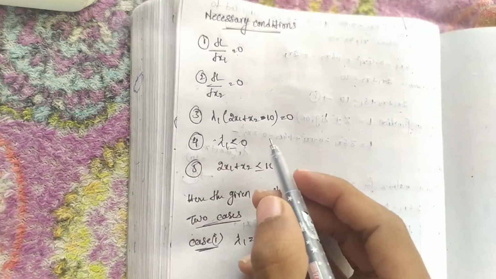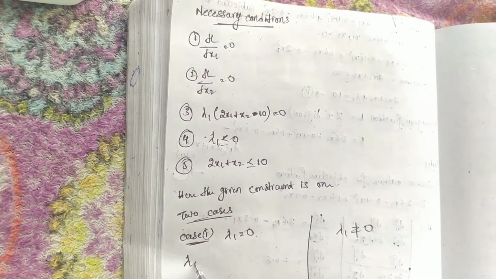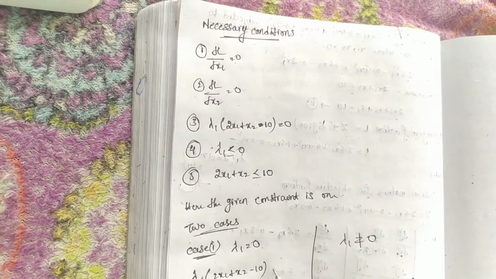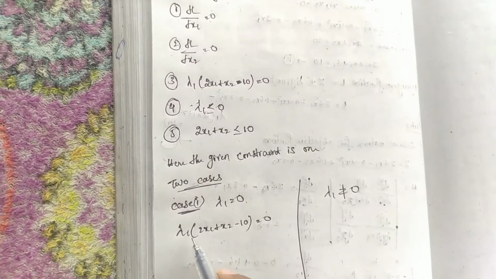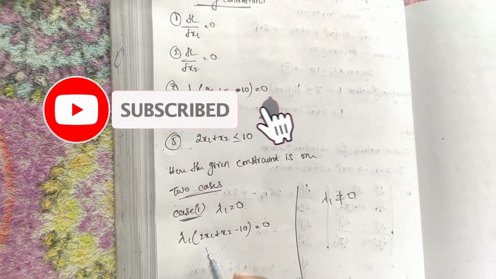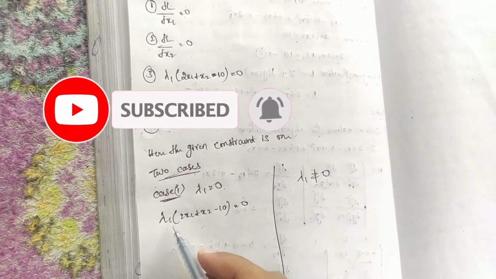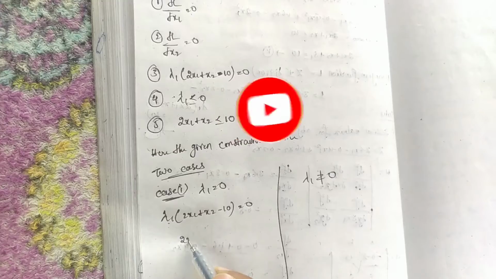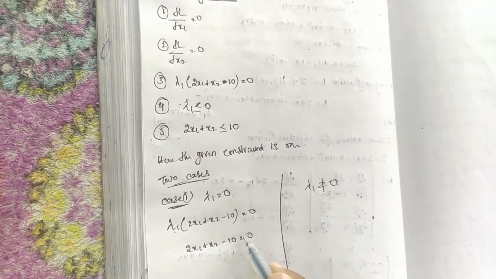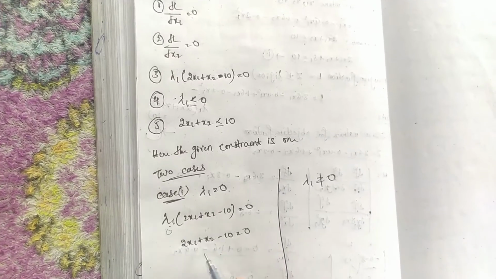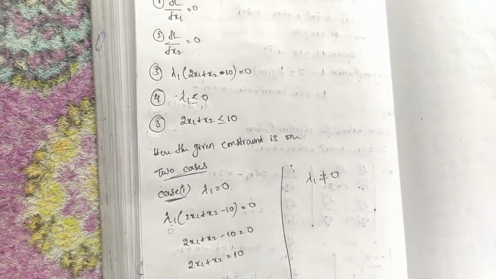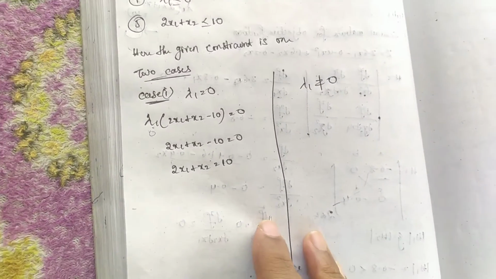Here take this lambda 1 of 2x1 plus x2 minus 10 equals 0. We get 2x1 plus x2 minus 10 equals 0. Placing 0 for lambda 1, we get 2x1 plus x2 equals 10.